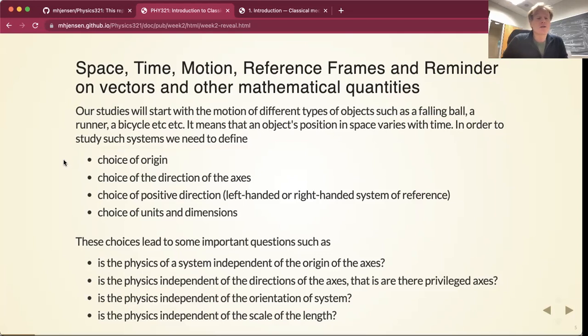Now, the final question is whether the physics is independent of the scale of the length. If I were to multiply, let's say, my length with some constant, the only thing which would happen is that my results would scale with this constant. It's pretty obvious if we use our intuition.